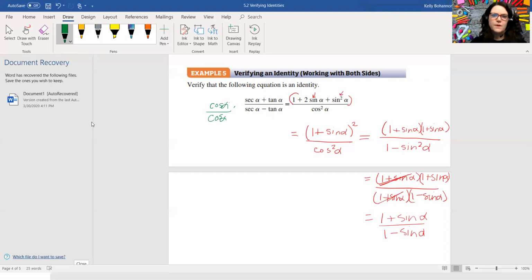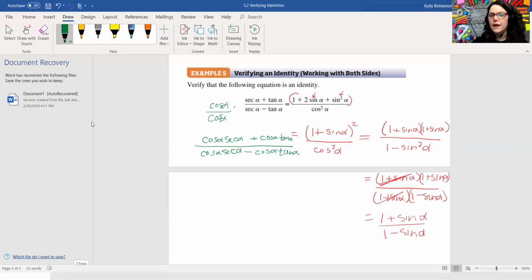So that's going to give me cosine alpha secant alpha plus cosine alpha tangent alpha, and that gives me cosine alpha secant alpha minus cosine alpha tangent alpha. So 1 plus 1 minus.